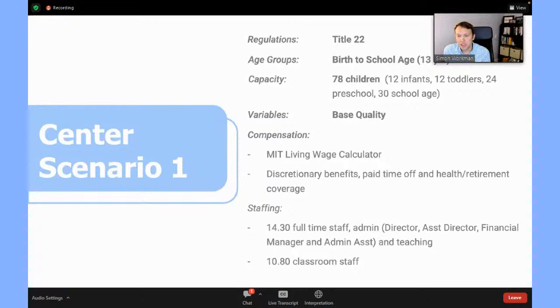The total teaching staff is 10.8. And again, that point is because of having the floaters in there for the coverage, for the additional activities to give that release time. So this next chart is the updated version of what we shared last week.